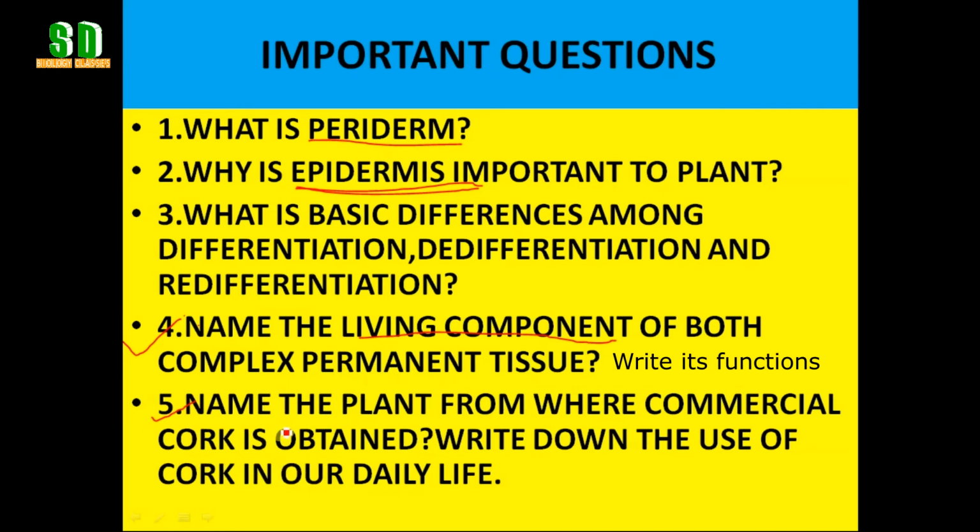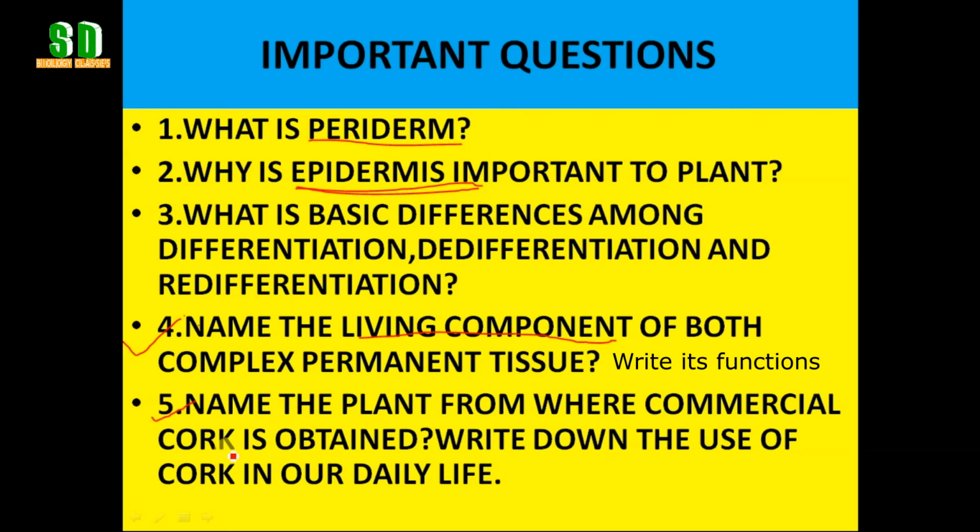Cork is a very important part of woody large trees, because it gives protection not only from the external environment but also from mechanical injury, pathogenic attacks, etc. Cork is also important in our daily life, as it has specific characteristics: it cannot catch fire easily, and it is very light in weight. So we use cork for many purposes.